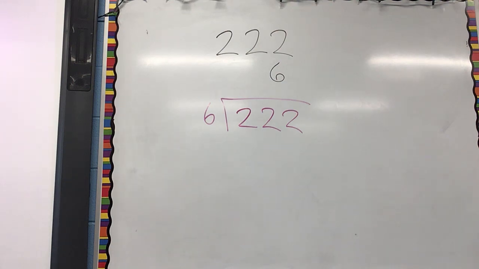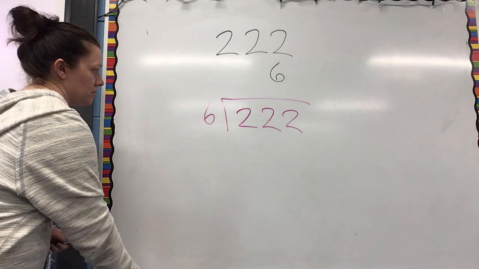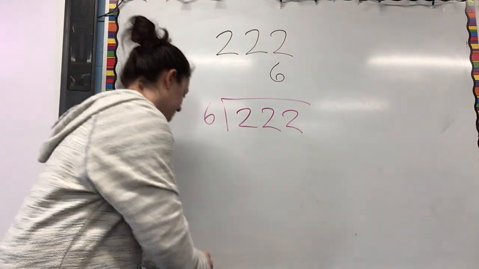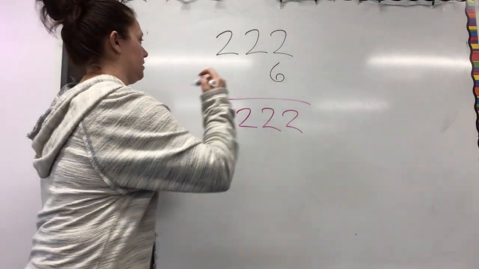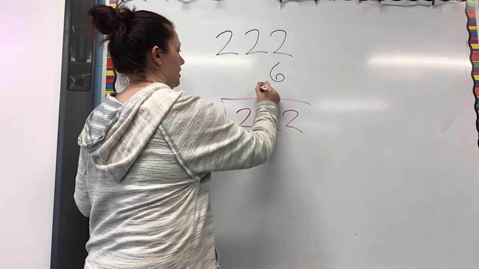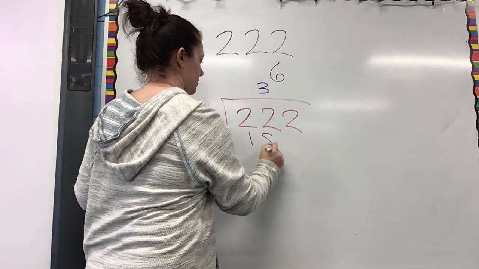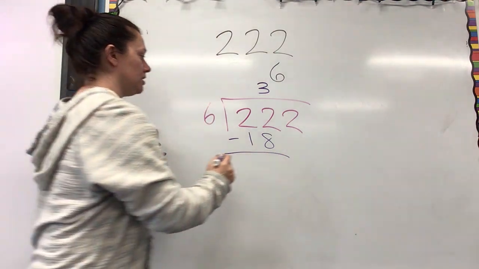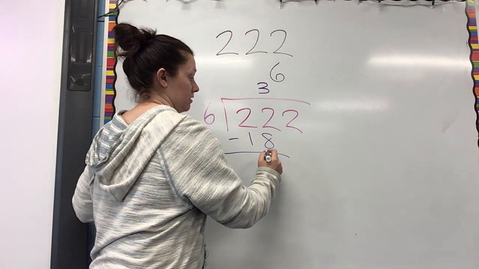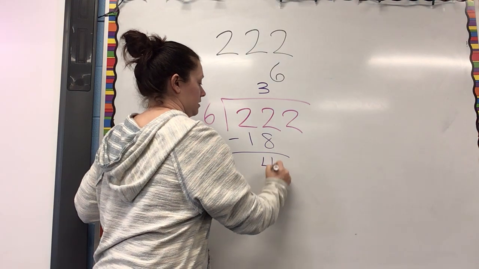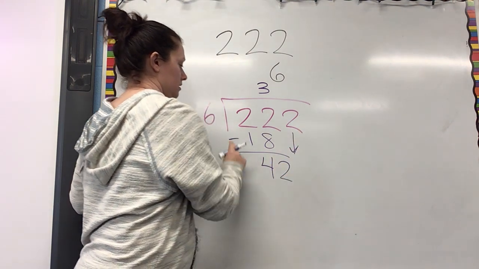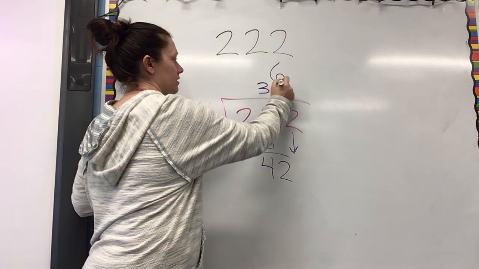Alright, so when we do this dividing, everybody needs to do theirs. I'm going to use a different color. Ready? What's 22 minus 18? 42 divided by 6.